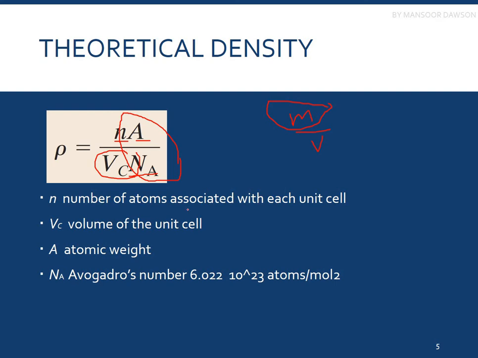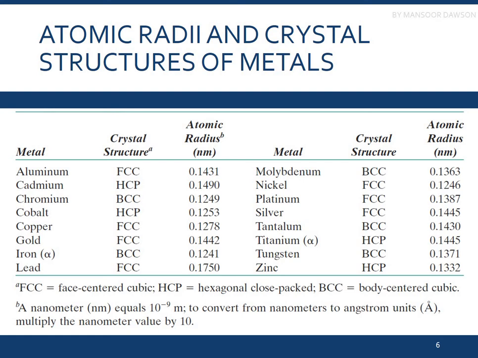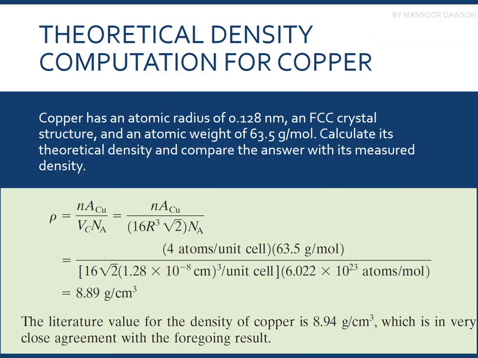Okay, so let's start the example. We are given the atomic radius and crystal structures of some elements, which we also discussed in the previous video. Now we have to find the theoretical density for copper. In the question, it is given that copper has an atomic radius of 0.128 nanometers. Nano is 10 to the power minus 9.